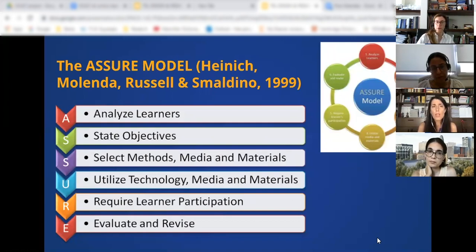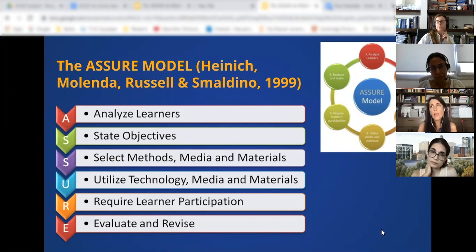The ASSURE model incorporates Robert Gagné's events of instruction in order to assure effective use of media in instruction. The initials of this model stand for: analyze learners, so their needs; state standards and objectives; select strategies, technologies, media, and materials; utilize technology, media, and materials; require learner participation; evaluate and revise.